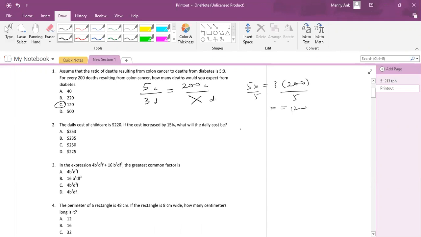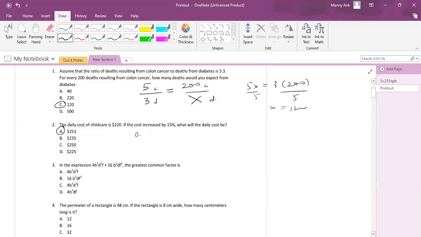Number two is A. So first find the increase of 15%, right? 15% can work in decimals.